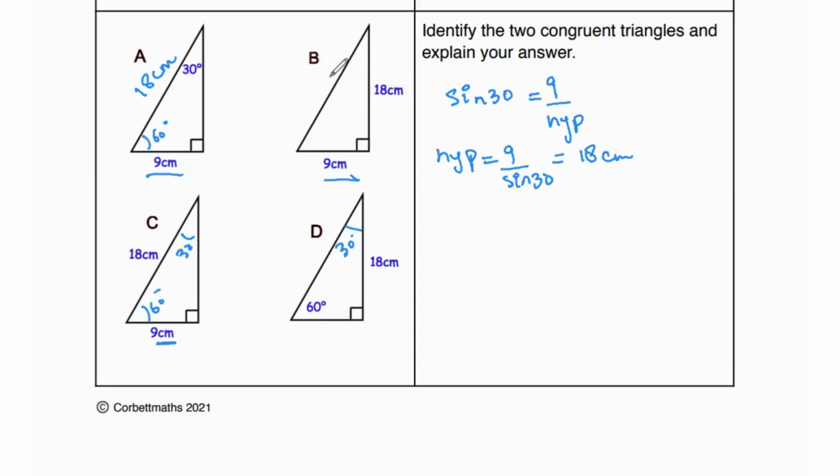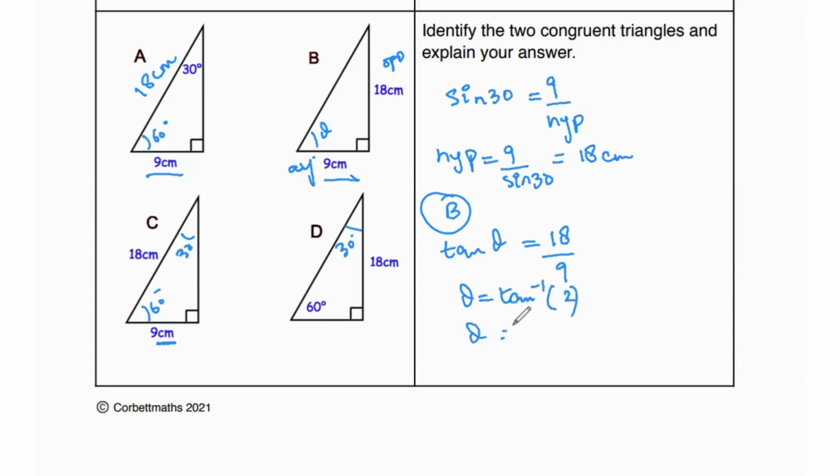So for B, we can find the angle. If I say this is the opposite and this is the adjacent, I can use tangent. tan theta, this is the value I'm trying to find, equals 18 over 9. So theta is tan inverse of 2, which gives me 63.4.